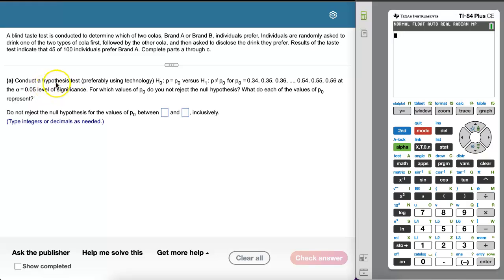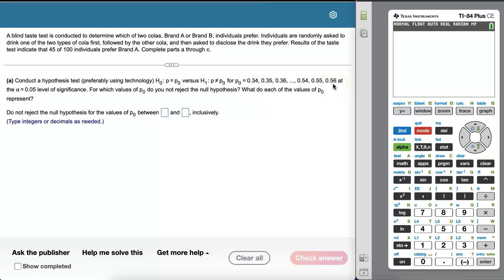So in this first part, we're going to conduct a hypothesis test, and this is a little different here because we're not stating the proportion. Instead, we're told to try these different proportions, 0.34 to 0.56.